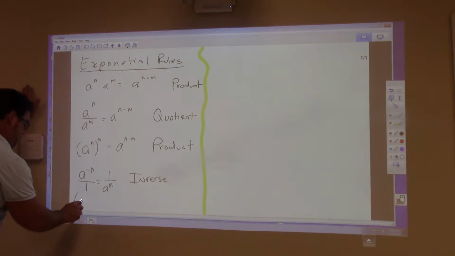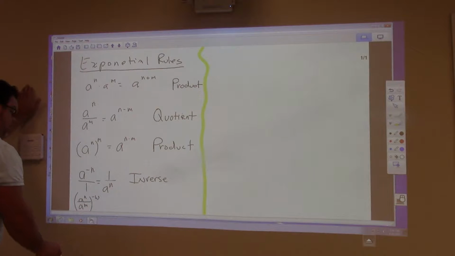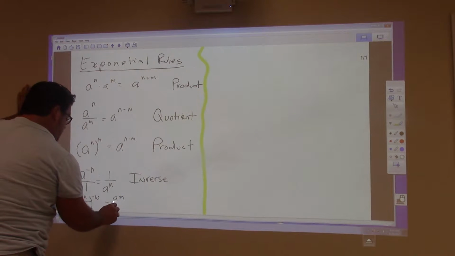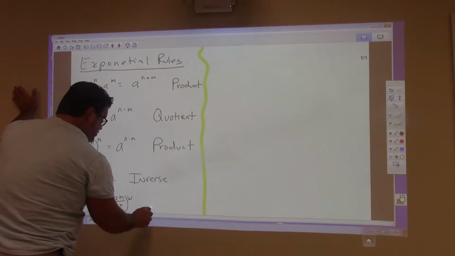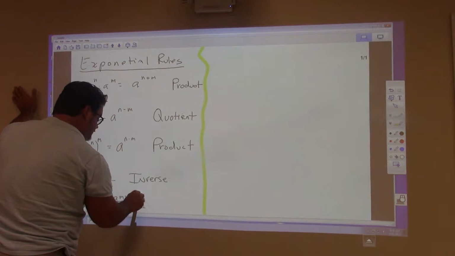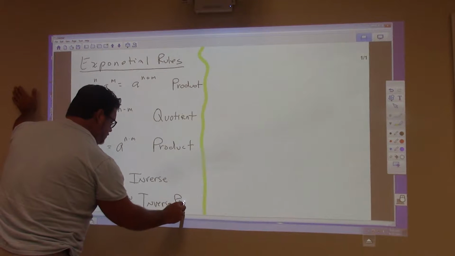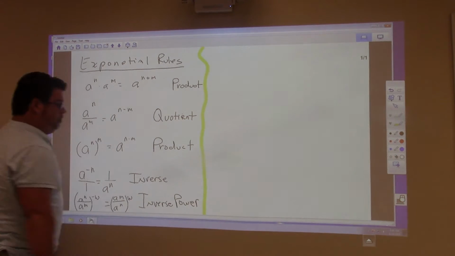And a to the n over a to the m raised to the negative w power is equal to a to the m over a to the n. Flip what's inside and the w becomes positive. That's your inverse power rule. And you should all remember those from college algebra.